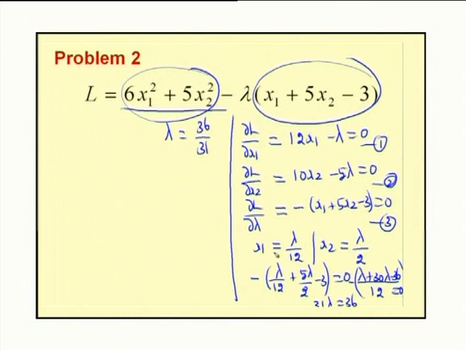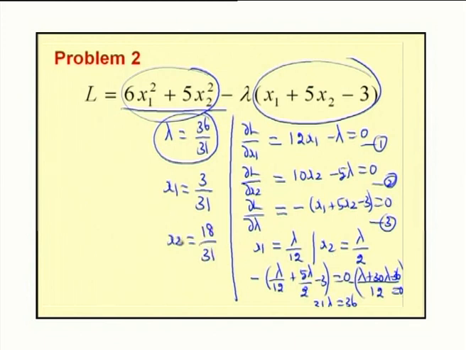Now, with this lambda, by substituting this lambda in x1 we will get 36 by 31 by 12 is your x1, which is nothing but 3 by 31. Now, our x2 value is 18 by 31.